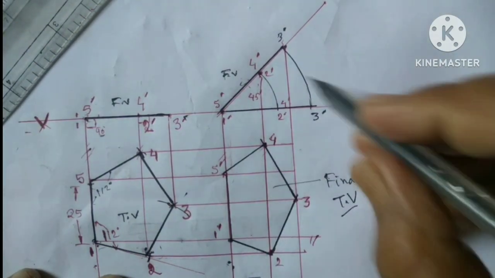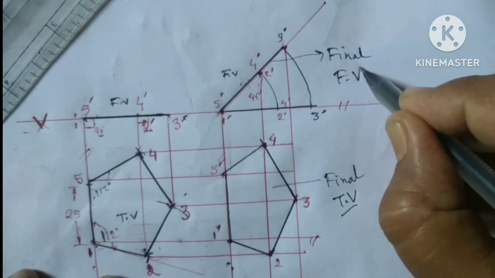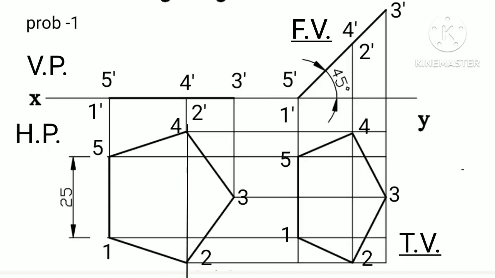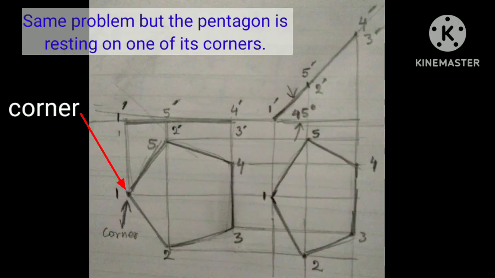So this is our final top view, and this is also our final front view. So this is our final drawing. Observe thoroughly each and every point. Look at this drawing. This is the same problem, but the resting condition is different. The pentagon is resting on one of its corners.